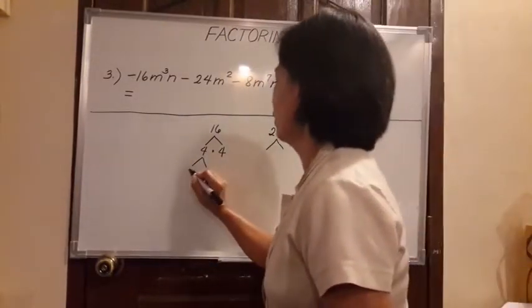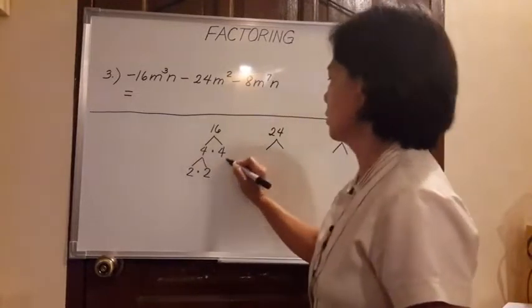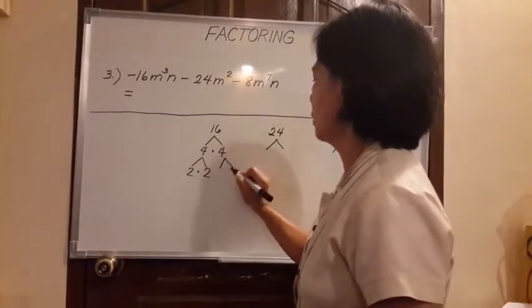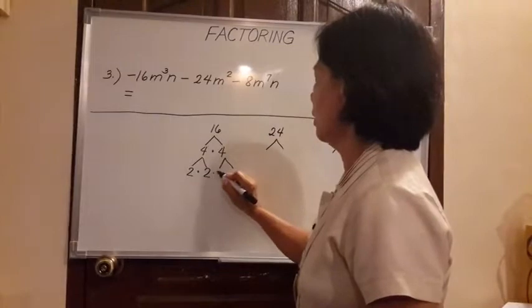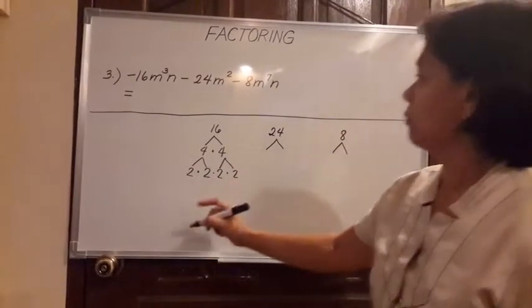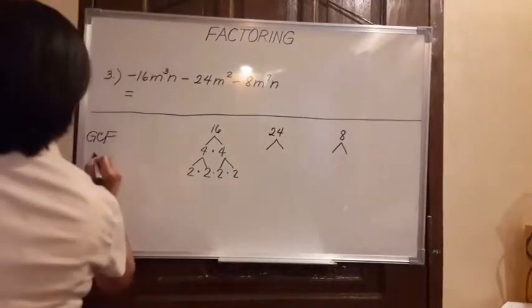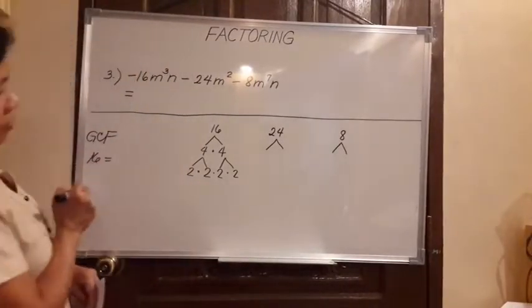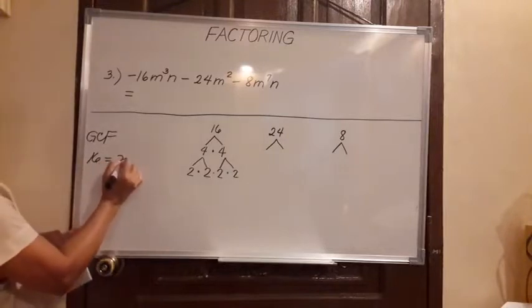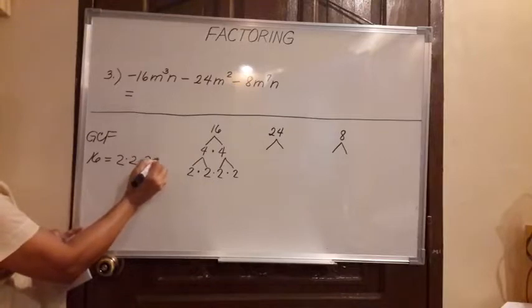Factors of 4 that are prime, we have 2 and 2, then another 4, whose factors are 2 and 2. The prime factorization is 2 times 2 times 2 times 2.